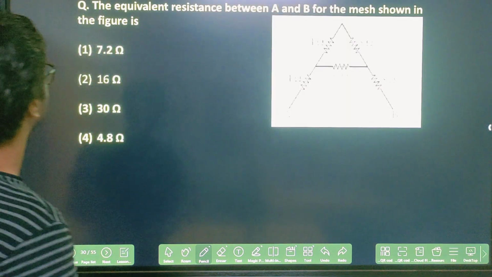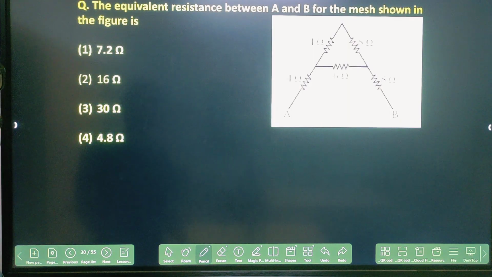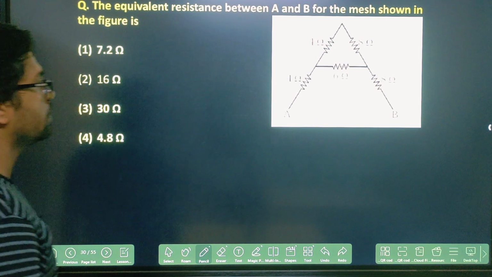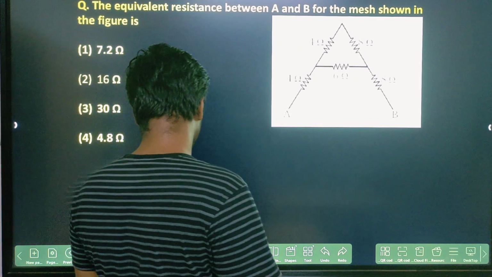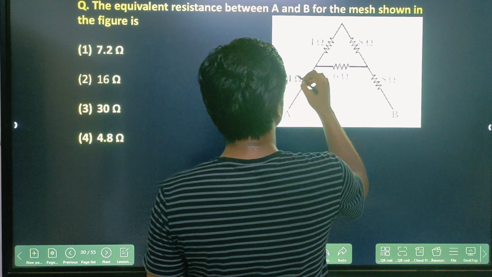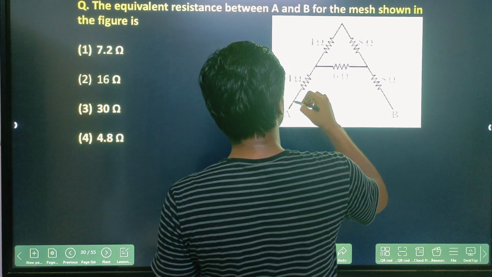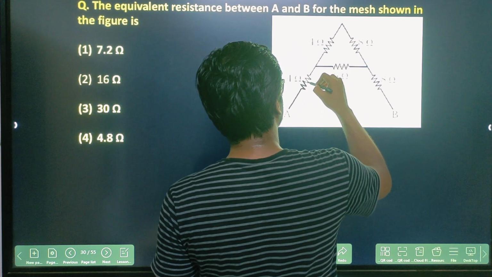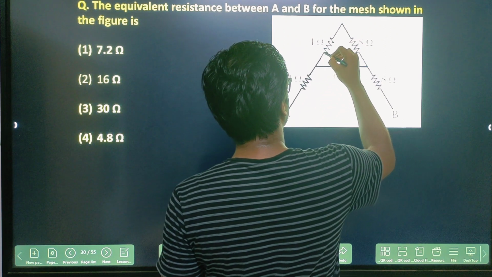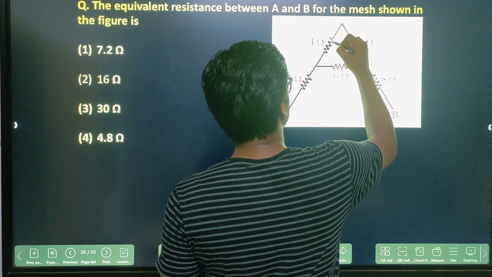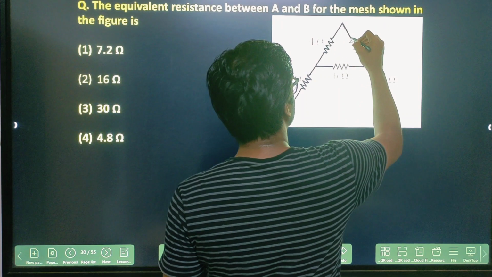Now do this question: the equivalent resistance between A and B for the mesh shown in the figure. This is one resistor they have given. Now I think this will be clear.